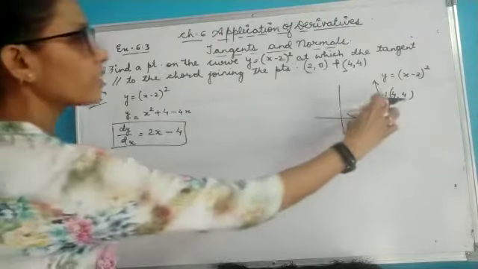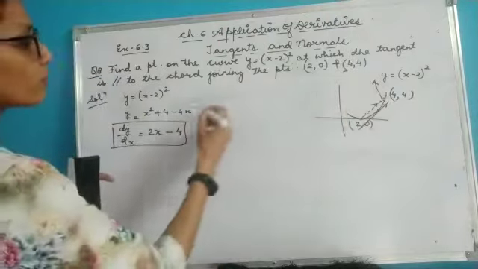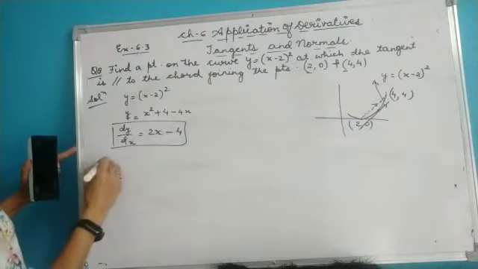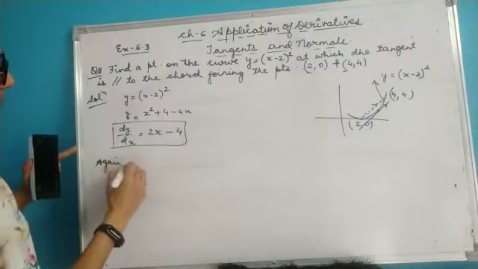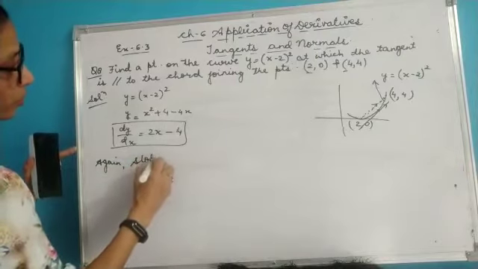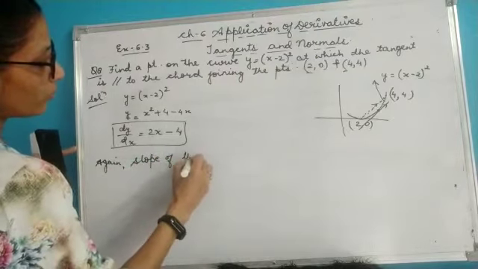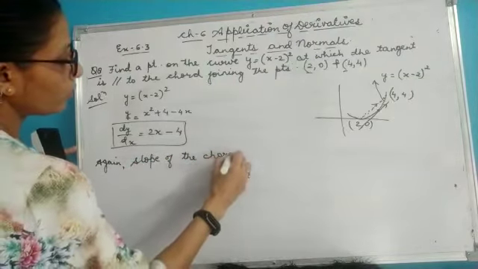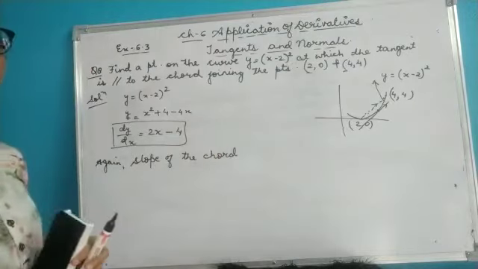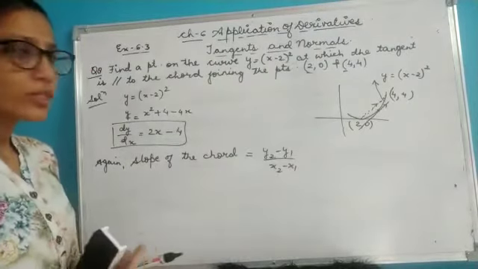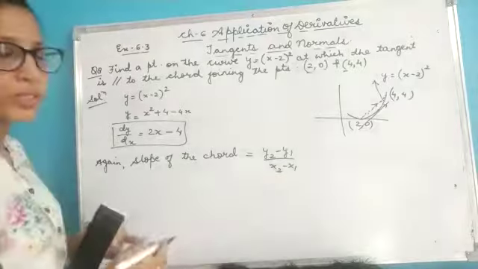Now let's find the slope of your chord. The slope of the chord can be written as y2 minus y1 upon x2 minus x1.